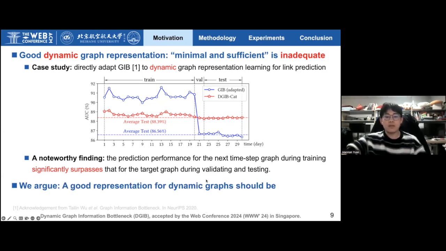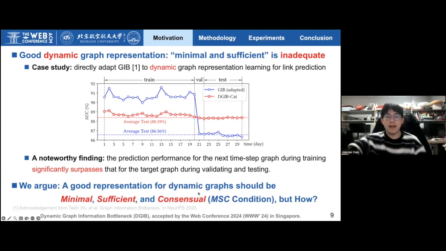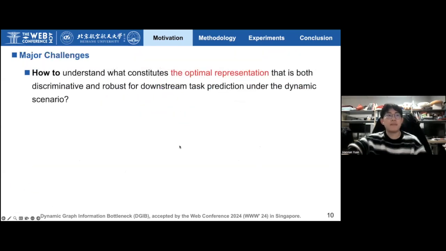So in our work, we propose that a good dynamic graph representation should meet the MSC condition of being minimal, sufficient, and consensual. So how to implement the MSC condition is an unknown challenge in the field of dynamic graph learning. We face three main challenges.